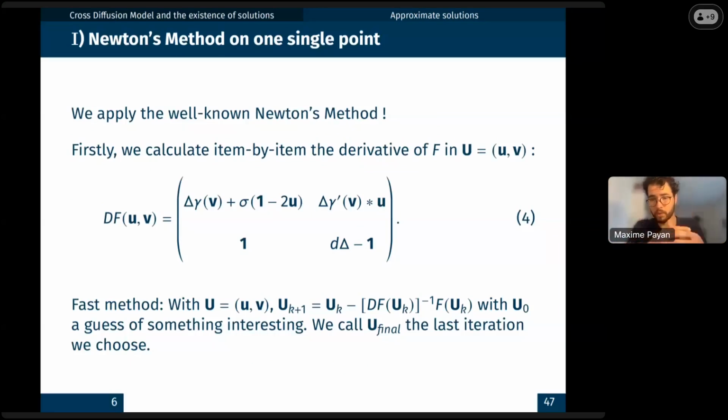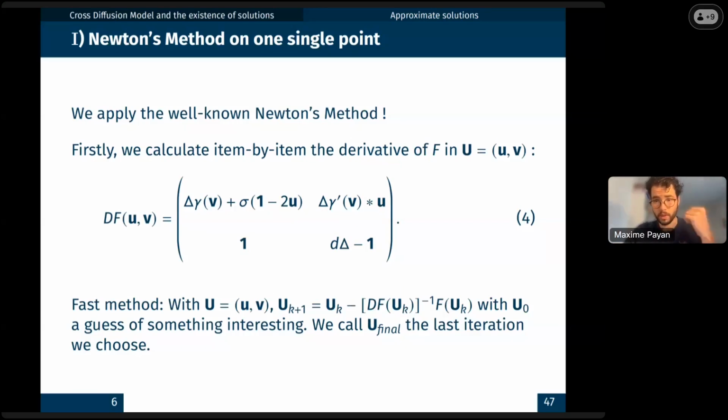We compute the sequence of those vectors with the inverse differential applied, etc. And there is no problem. We start from a good guess of something interesting, of course, and we call u finite the last iteration, which we choose when two iterations are very close.